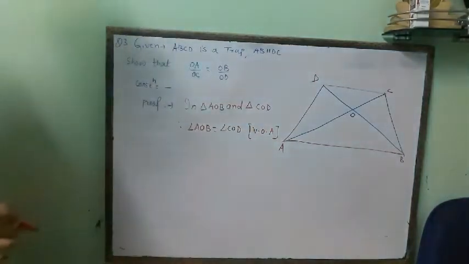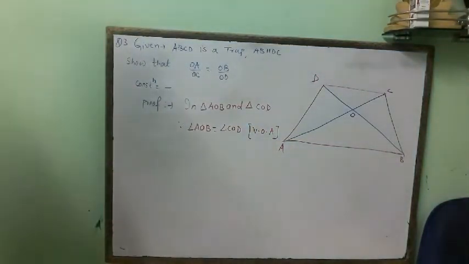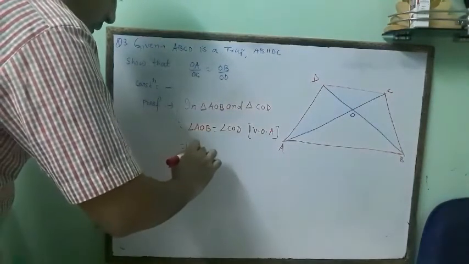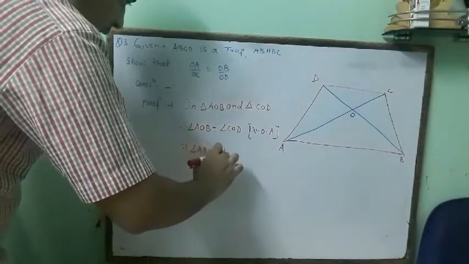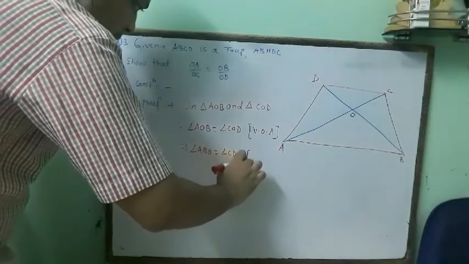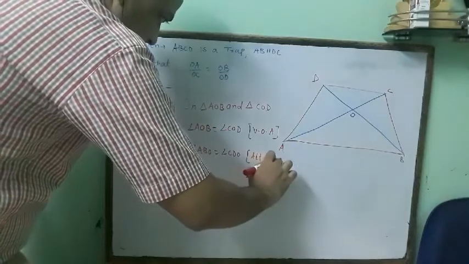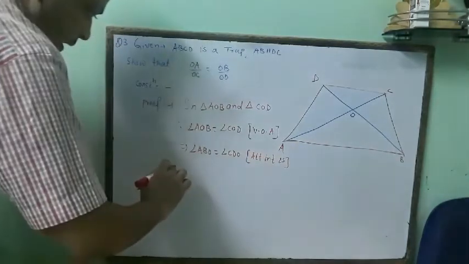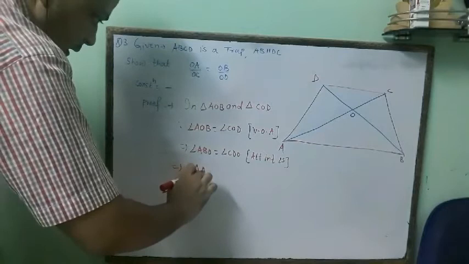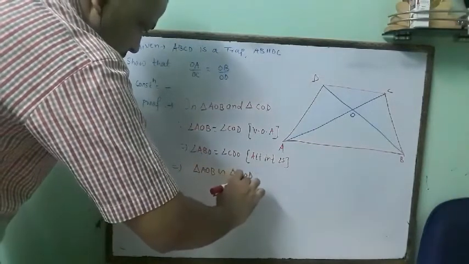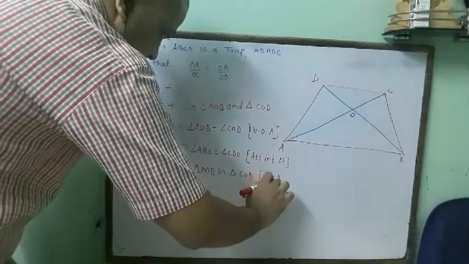Now the second angle is alternate interior angle: angle ABO is equal to angle CDO, alternate interior angles. Now by AA criteria, triangle AOB is similar to triangle COD.